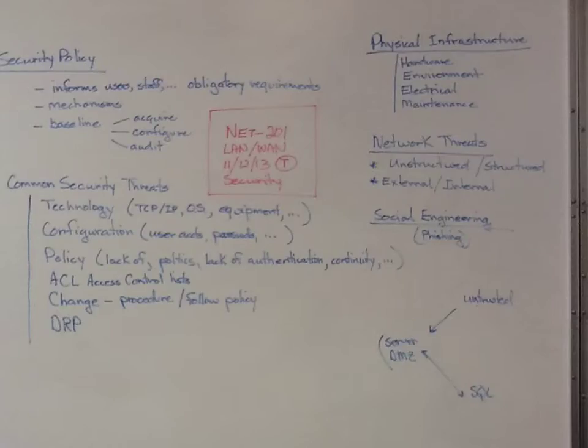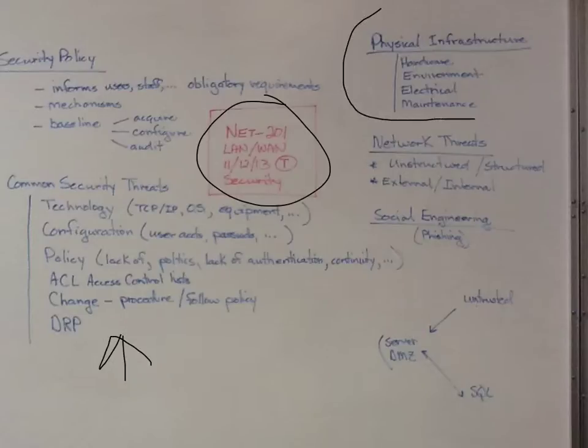So we've already talked about most of these things over here on the left. Same class. I've already talked about these items, so let me finish up over here. Physical infrastructure. We have hardware. We have the environment that the hardware is in. Computers run on electricity.